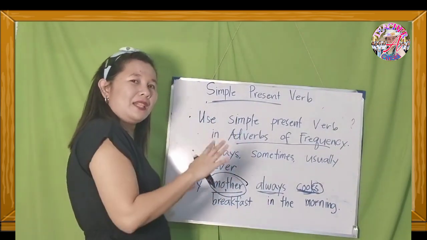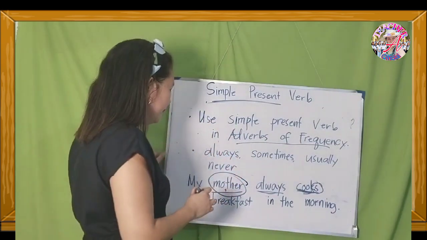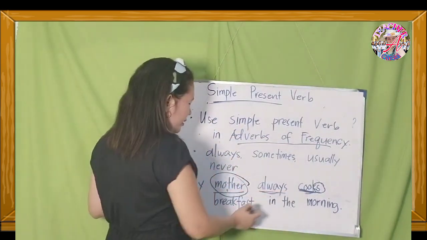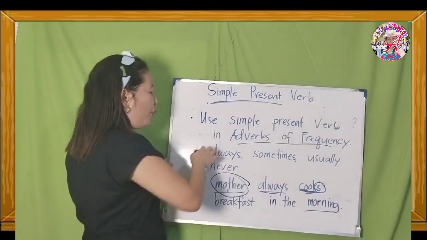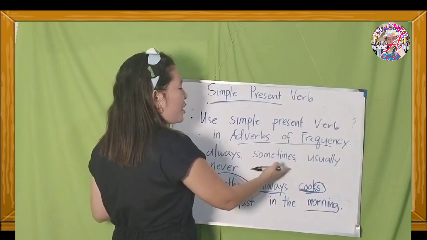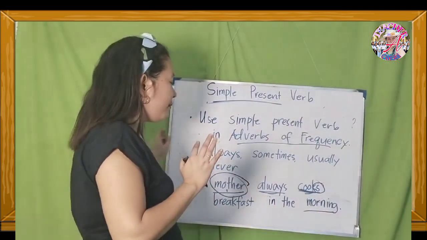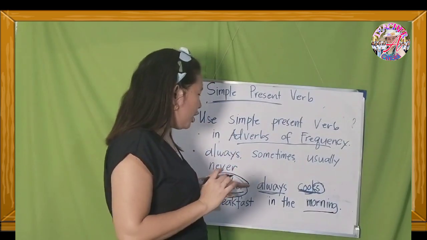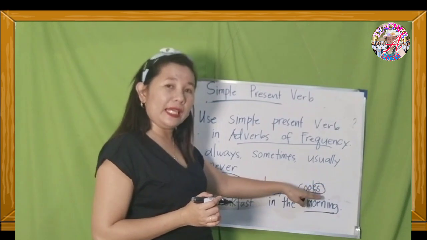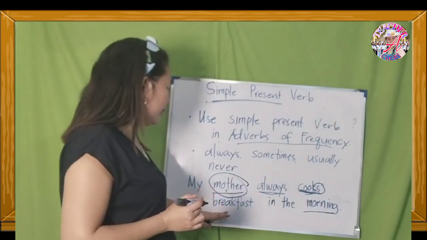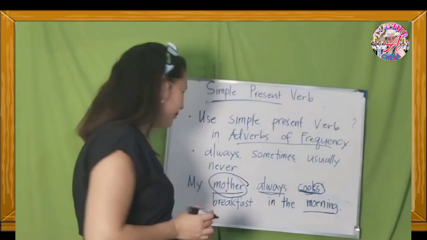So that's the rule, the subject-verb agreement, when we talk about the simple present. My mother always cooks breakfast in the morning. So when using always, sometimes, usually, never, don't forget, if the subject is singular, add S or ES to the base form. Or if the subject is plural, do not add S or ES.